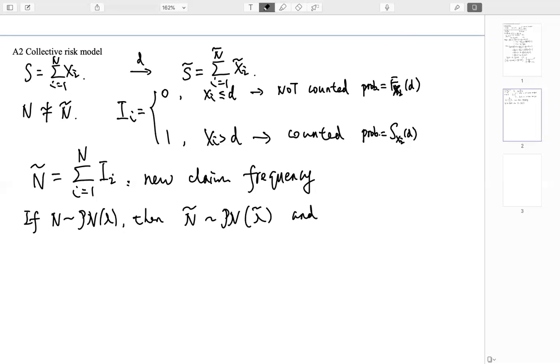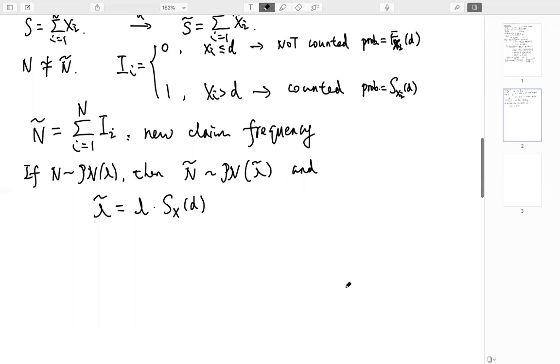And I further know my new parameter would be lambda times the survival probability. So assume all the X's have the same distribution. The reason is straightforward, right?